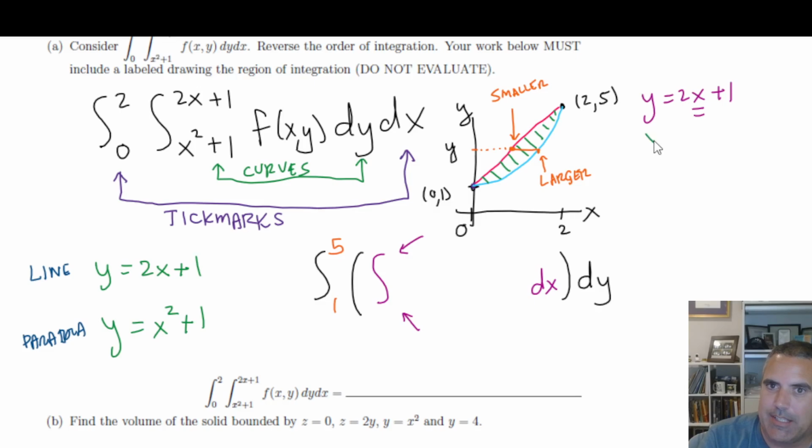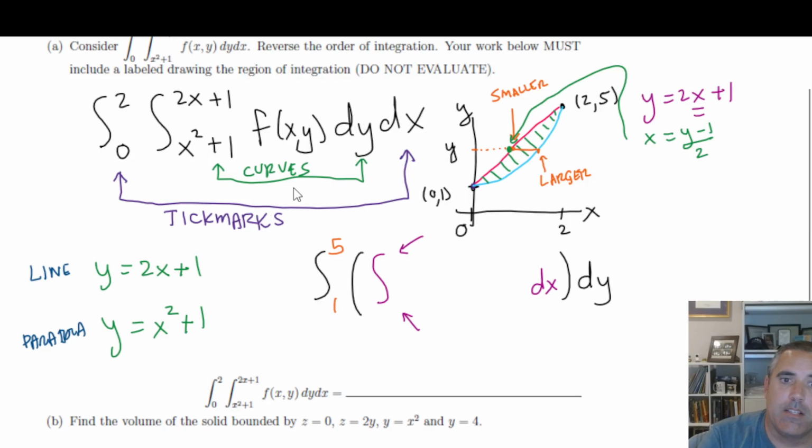So I could say x equals, so I'm going to subtract the 1 and divide by 2. Done. That's the smaller bound. That's the point on this line that you get when you plug in y. That's the lower bound. So y minus 1 over 2.